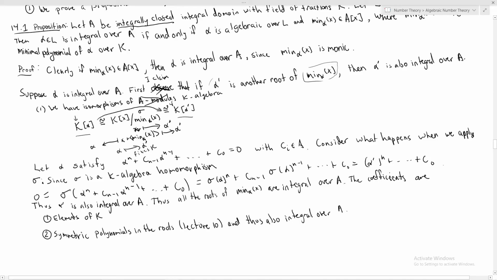Okay, and what do I see now? There are elements of K which are integral over A, 1 and 2 together with the integrally closed hypothesis. This implies min alpha of x has coefficients in A, as desired.